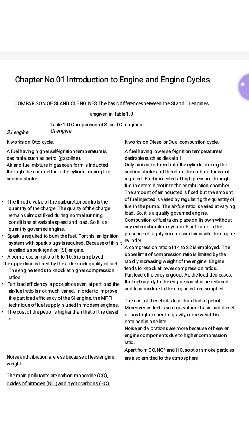In an SI engine, a high intensity spark plug is used. In a CI engine, a fuel injector is used. If you see the application, SI engines are generally used in light or medium duty applications, and CI engines are generally preferred for medium and heavy duty applications.